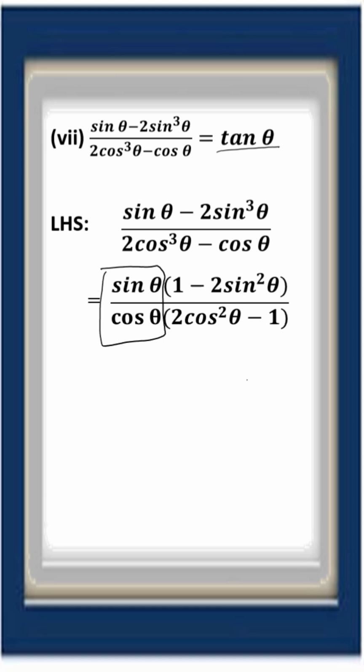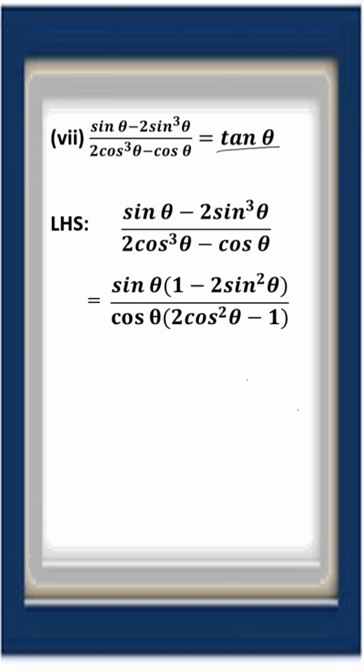Either if we write the denominator as 1 minus 2 sin square theta or the numerator as 2 cos square theta minus 1, our problem will be over. How can we do this? Either we can convert sin square theta into 1 minus cos square theta or cos square theta into 1 minus sin square theta.